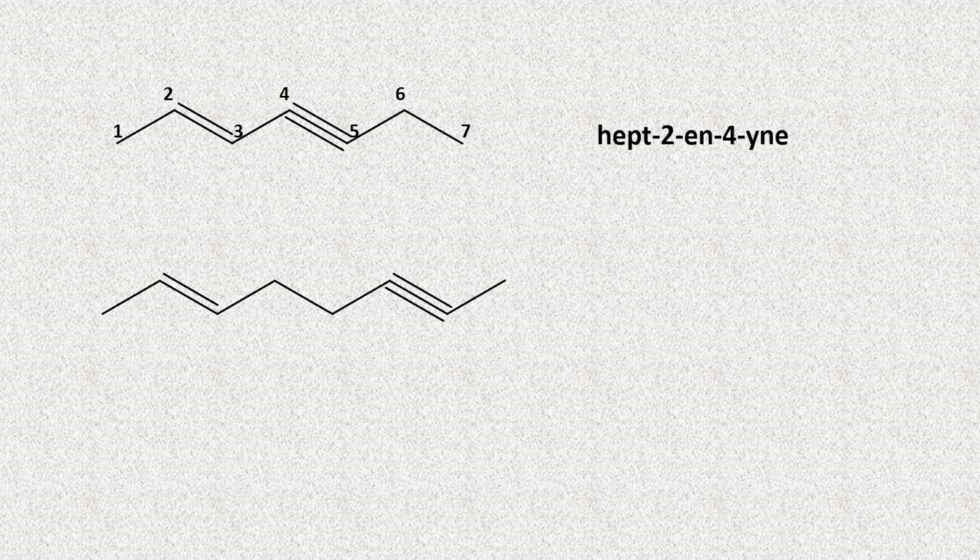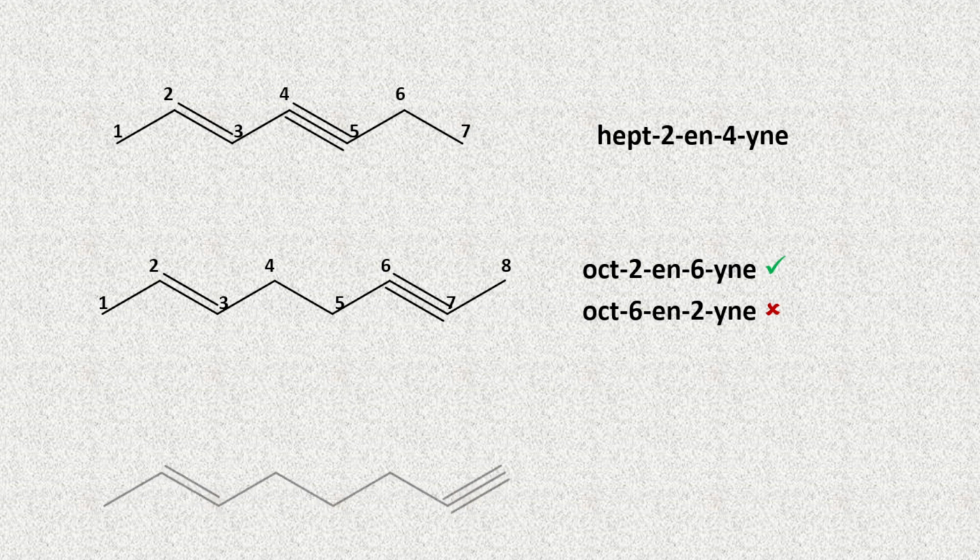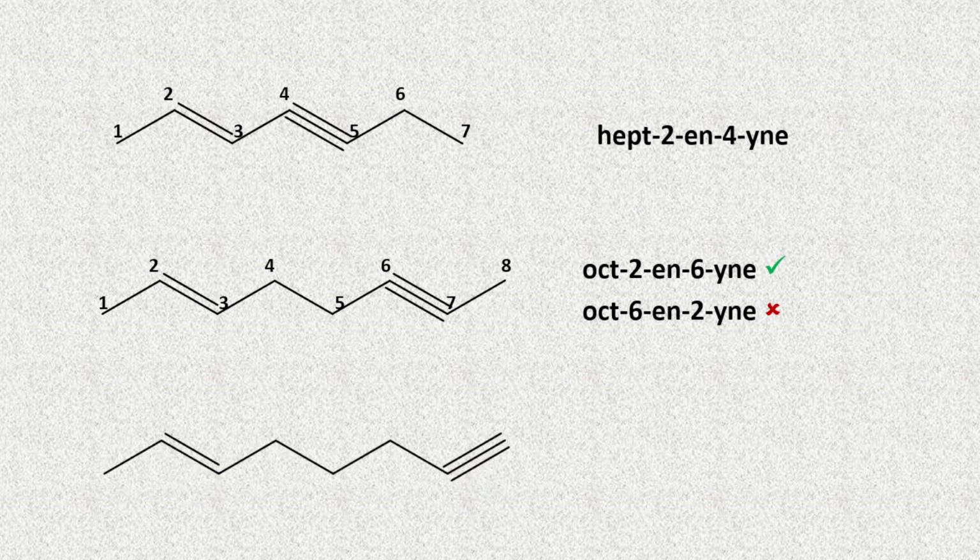But as per the rule, the double bond will get the preference and its name will be oct-2-ene-6-yne, not oct-6-ene-2-yne. In this organic compound, the preference is given to the triple bond as it is nearer to one end, and its IUPAC nomenclature is oct-6-ene-1-yne.